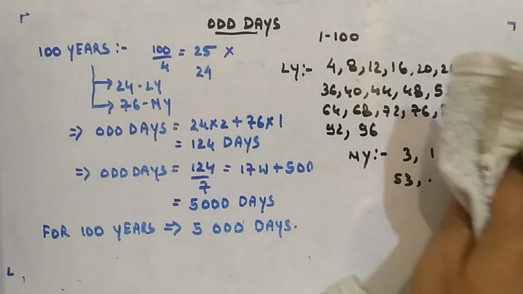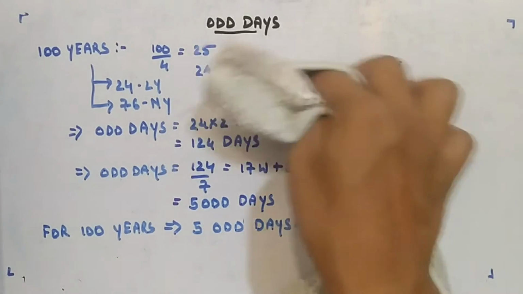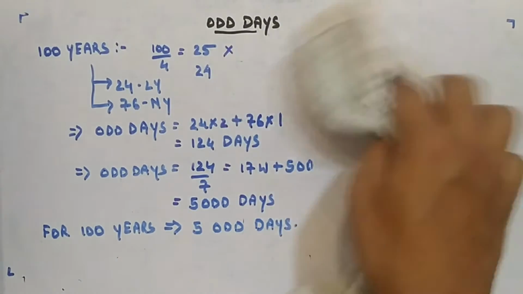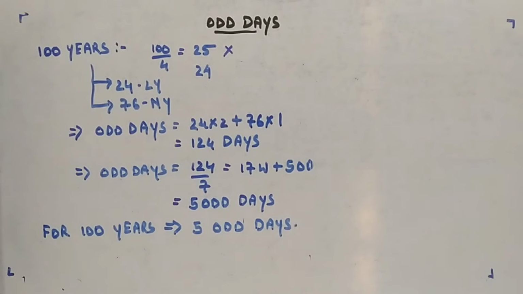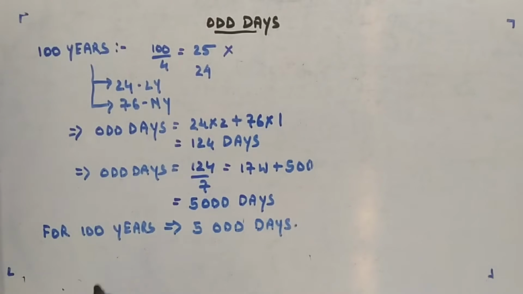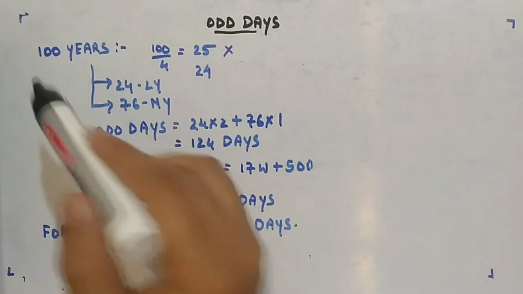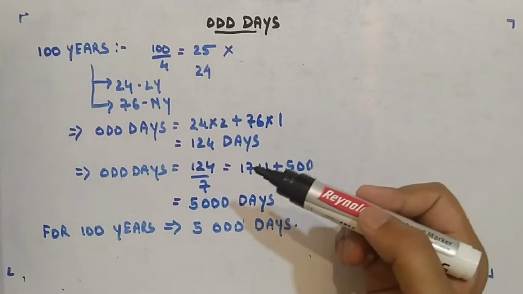Okay, so I'll remove this. This was just for your visualization. So now you might have got it, but between 1 to 100 you have total 24 leap years and 76 normal years, and 24 leap years is excluding 100 because it is not divisible by 400.